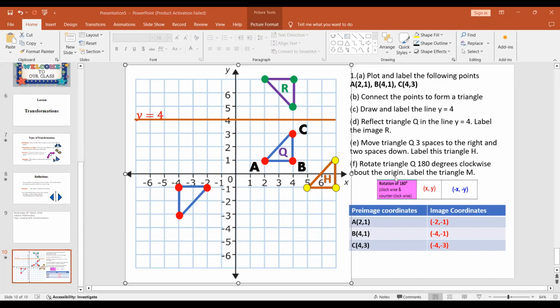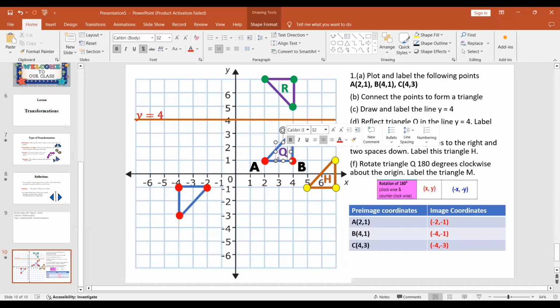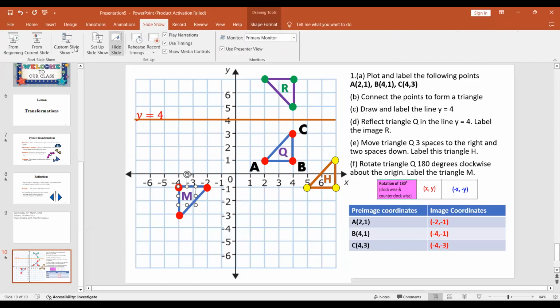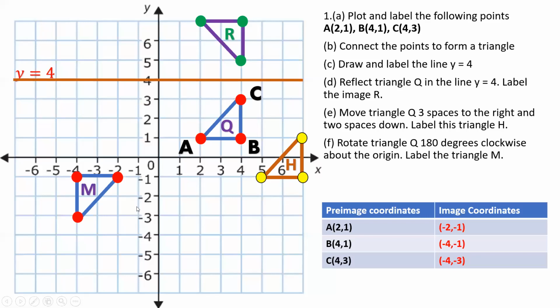Okay. All right. And we're going to label this M. So what type of transformation is this? Rotation. It's a rotation. Rotation of how many degrees? 180 degrees.